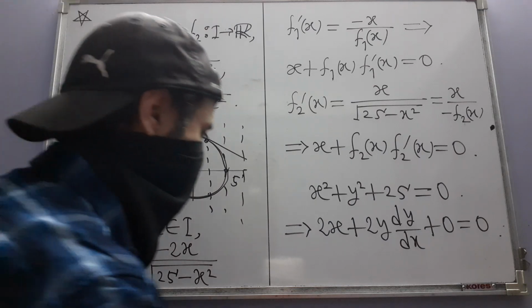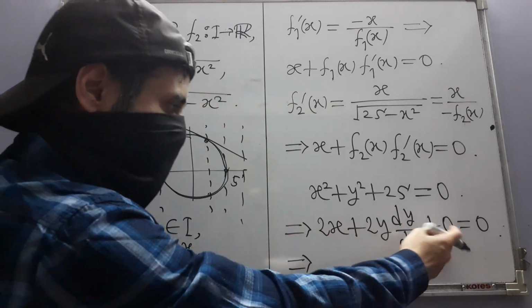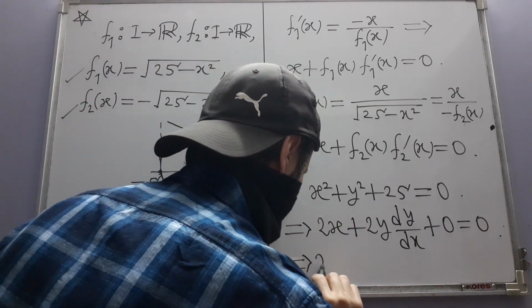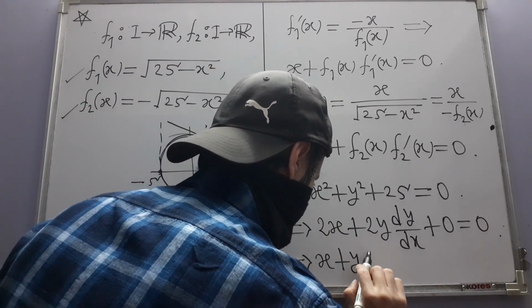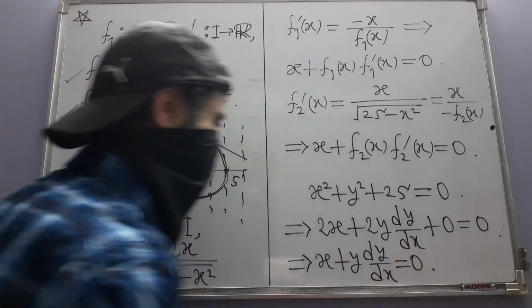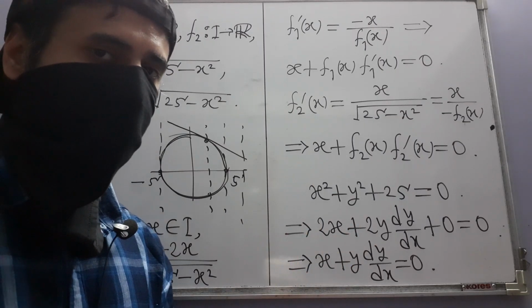If you divide both sides by 2, you are getting x plus y dy/dx equal to 0. That is actually our differential equation.